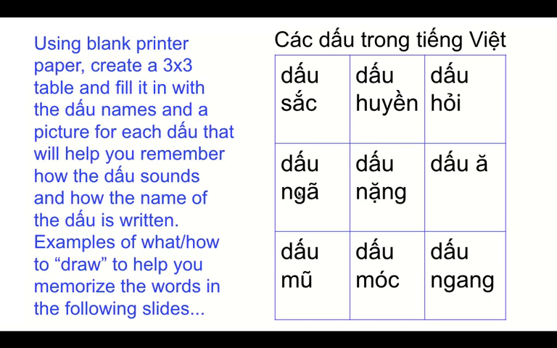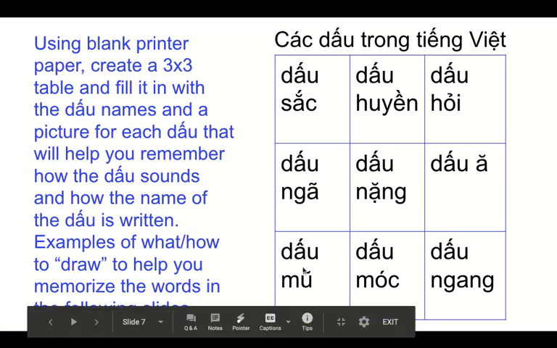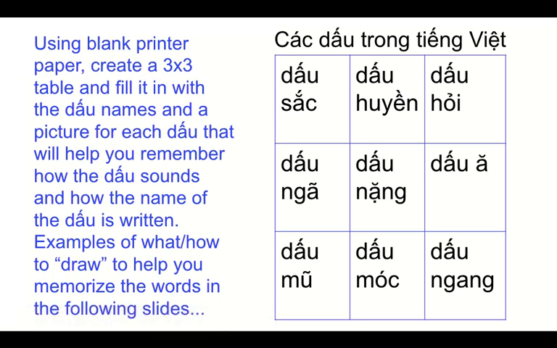Dấu ngã, broken up tone, down and up tone. Dấu nặng, your voice sounds very heavy. Dấu á is for the A. Dấu mũ for â, ô. Dấu móc for ơ and ư. Dấu ngang for the D.